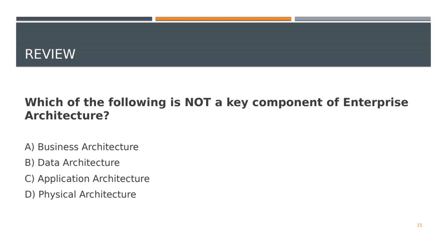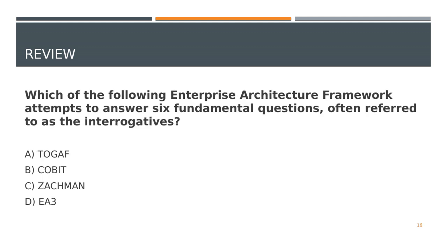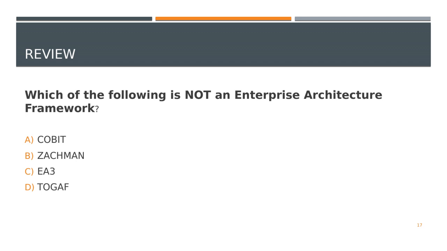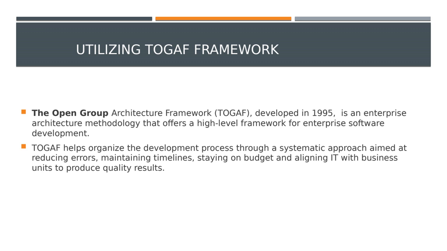Which of the following enterprise architecture frameworks attempts to answer 6 fundamental questions? Zachman. Which of the following is not an enterprise architecture framework? COBIT. COBIT is different actually. COBIT is a different framework. TOGAF.